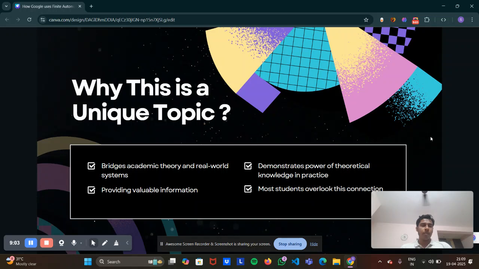It's a great example of how deep theoretical foundations silently power some of the most practical and widely used technologies today. Understanding this connection not only strengthens our grasp of the subject but also prepares us for applying these ideas in innovative ways. It bridges academic theory and real world systems. It demonstrates the power of theoretical knowledge in practice and provides valuable information.